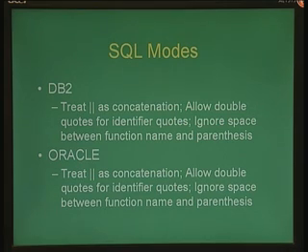You have to treat double pipes as a concatenation operator rather than a logical OR operator, allow double quotes for identifier quotes, and ignore space between function name and parenthesis, that is you cannot use the same names for a function and a column name.